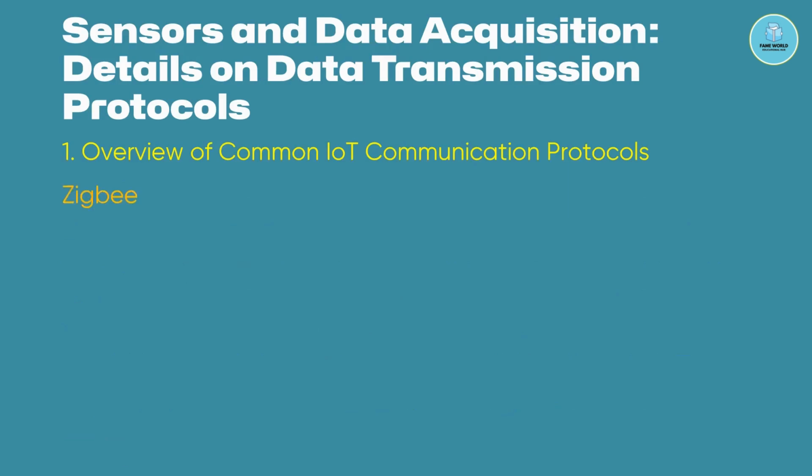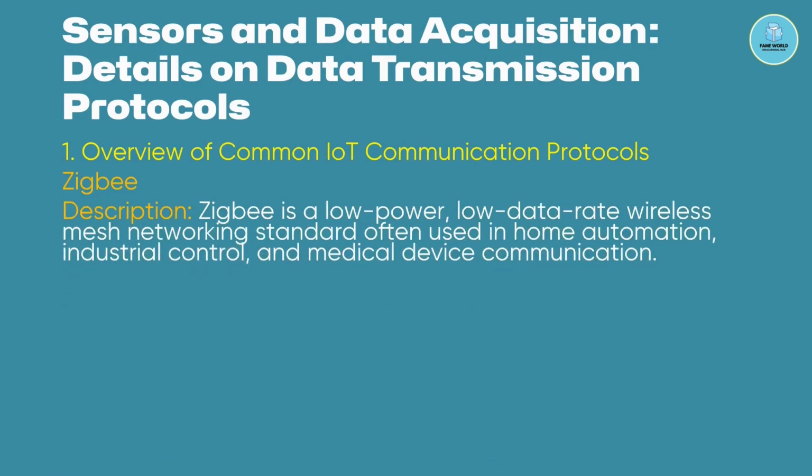Then the next one is ZB. So ZB is a low power, low data rate wireless mesh network, and simply a networking standard often used in home automation, industrial control, and medical device communication.